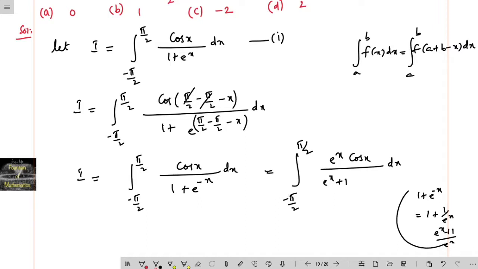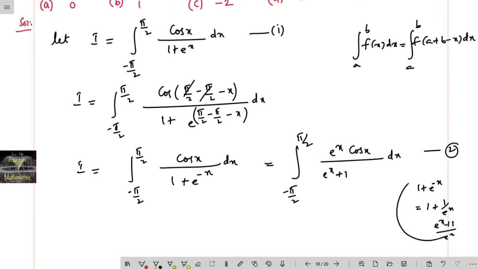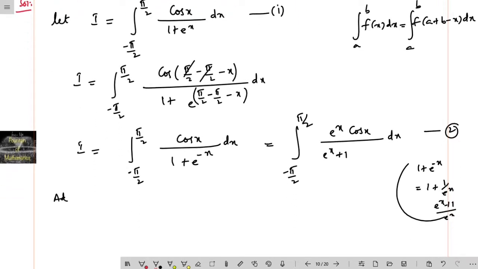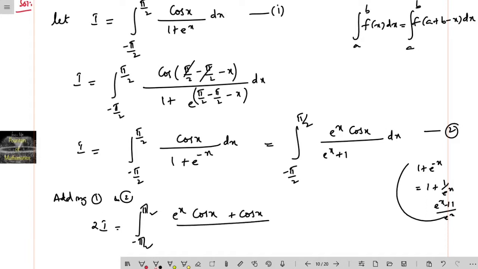Make this equation 2. Now from 1 and 2, adding 1 and 2, we have I + I, so 2I is equal to the integral from −π/2 to +π/2. Both integrals are the same, so I can take (e^x cos x + cos x) divided by (e^x + 1).